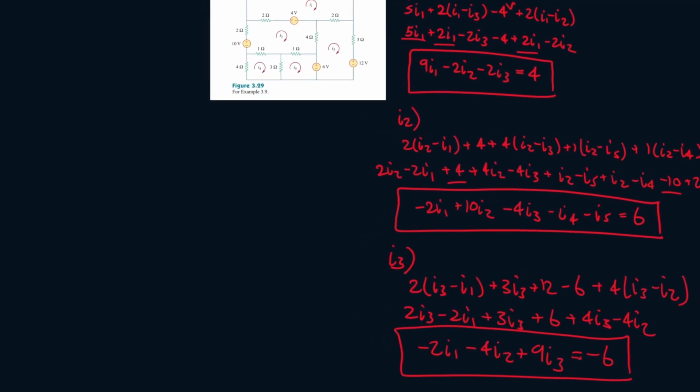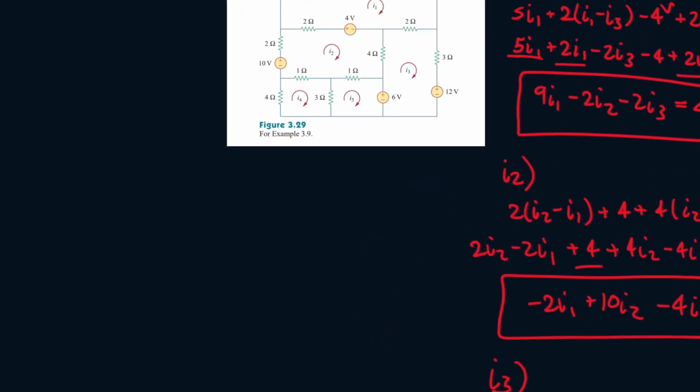Alright, now let's do I4 and I5. So I4 enters the 1 ohm resistor. So I4 minus I2 plus 3(I4 minus I5) plus 4 I4 equals 0.